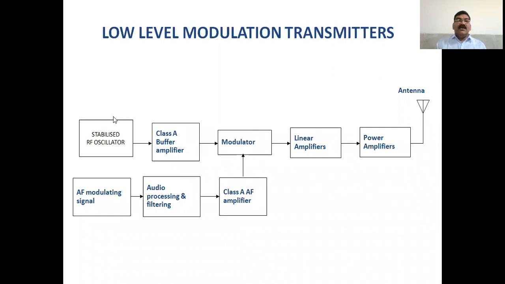Now as the modulating section, instead of one, we have these two. Now what is this? This is the stabilized RF oscillator, sorry. This is the carrier section. So RF oscillator is there, but it is not sufficient that it is only an RF oscillator. The most important thing is it should give a stable output.